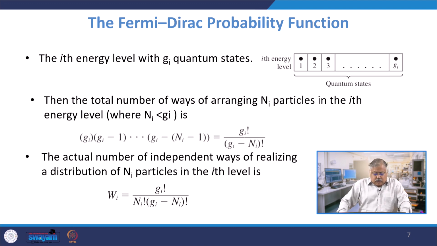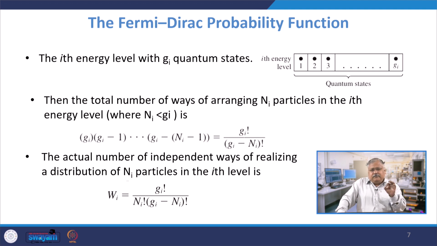Now let us look at the Fermi-Dirac probability function, right, and this is an interesting phenomenon from where we will derive the Fermi-Dirac function and Fermi potential. Now let us suppose there are Gi quantum states available, right. Forget about the word quantum, there are Gi states available, G suffix i. i is the ith energy level, right.